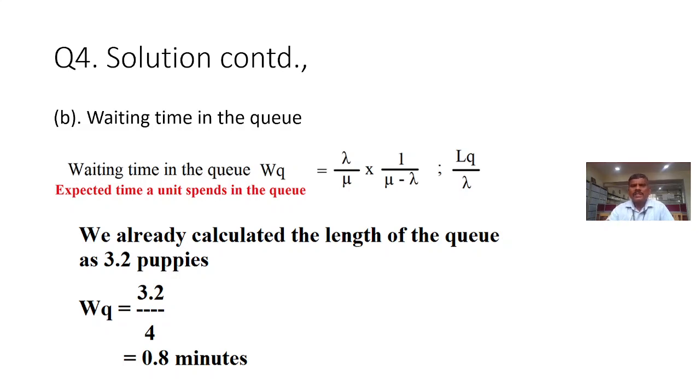So before being vaccinated, each puppy should wait for 0.8 minutes, which is less than 1 minute. So we have answered all the 3 questions, 3 subdivisions asked in the question. Thank you.